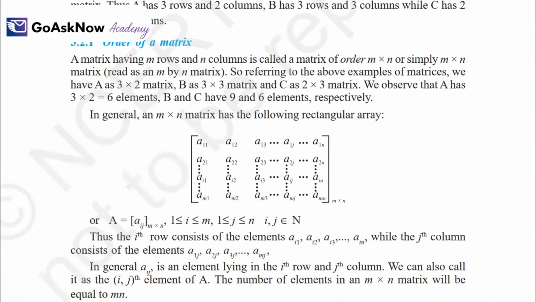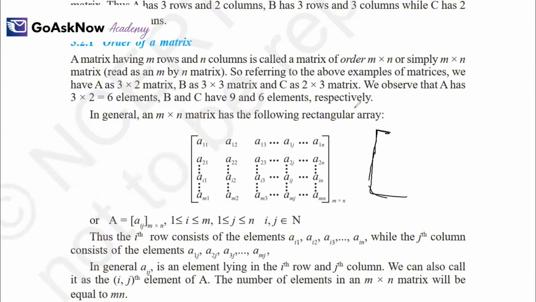So in general, an M cross N matrix has the following rectangular array. Here M is the number of rows and N is the number of columns.